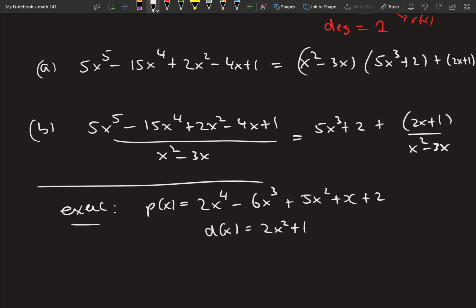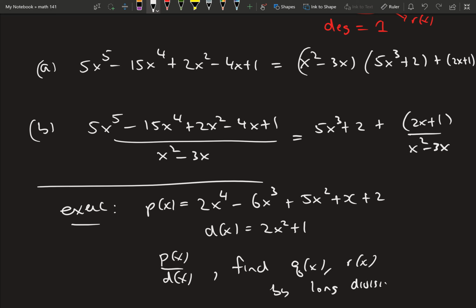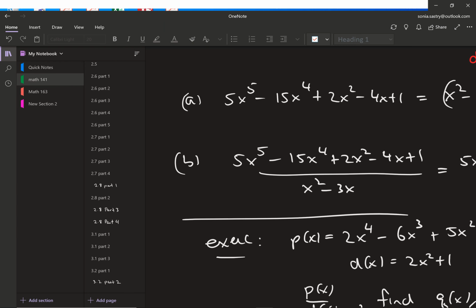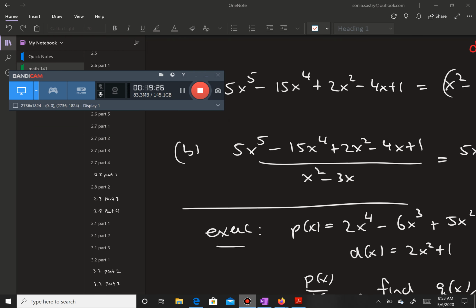So you're dividing p of x by d of x, and you want to find the quotient and the remainder by long division. Okay, we'll stop here for now, and we will start with this exercise next time.